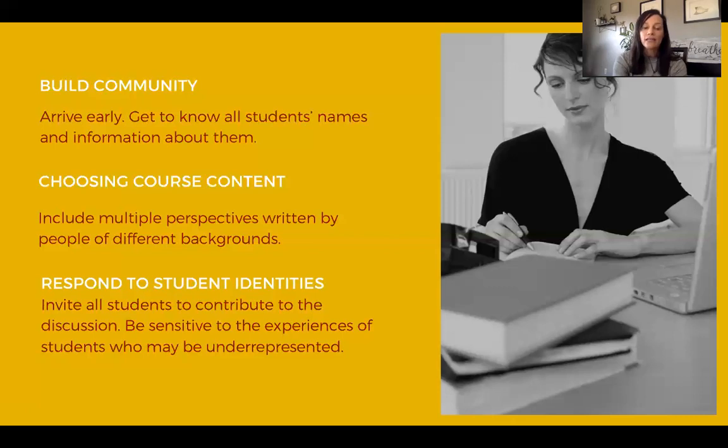And for Sarah and Lynn, who are reading our textbook, there were two examples of an economics professor who wanted someone to look at immigration policy from an economic standpoint. And what was happening within the class discussion is a lot of other issues were coming into play: the student identities, where the content was written and where it came from. So I think it's really important to think about how we choose that course content.